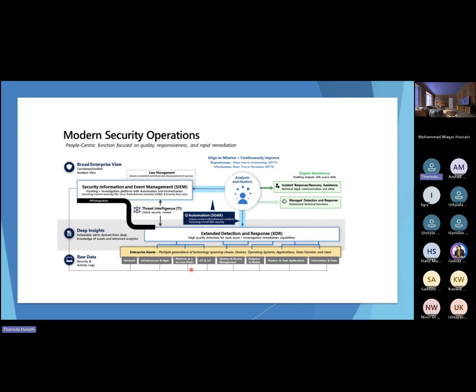But we can go even further. A security information and event management system, we call it SIEM. SIEMs add another layer of intelligence. Microsoft Sentinel, as we know, is our SIEM solution, and it is an incredibly powerful platform.